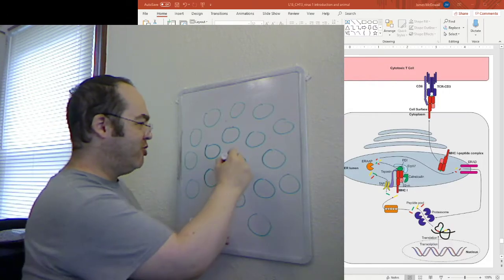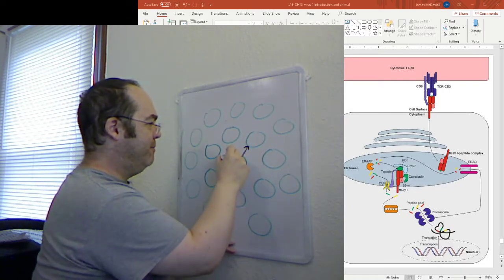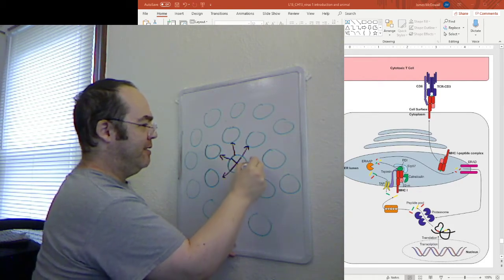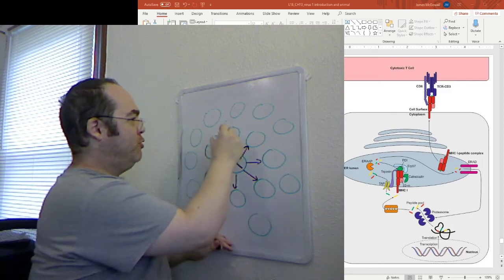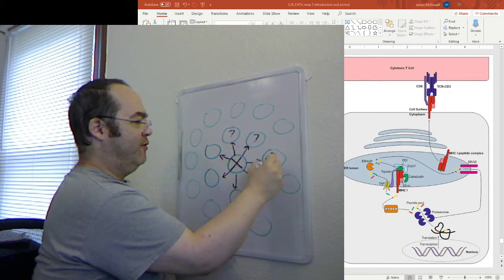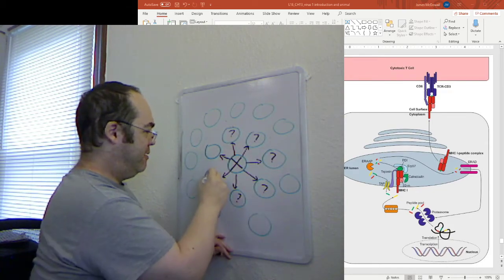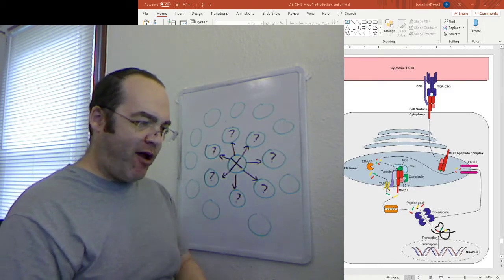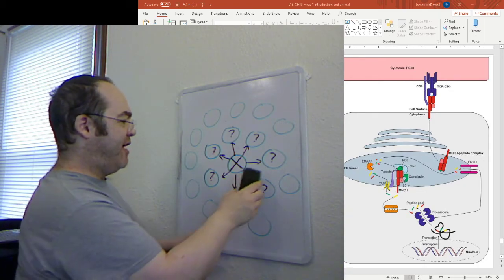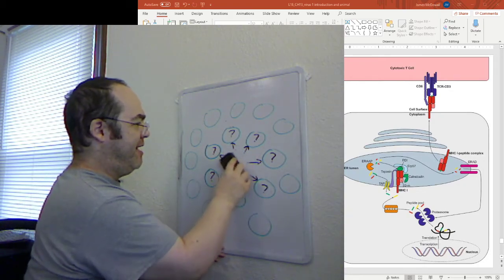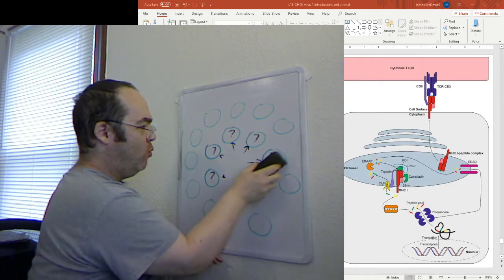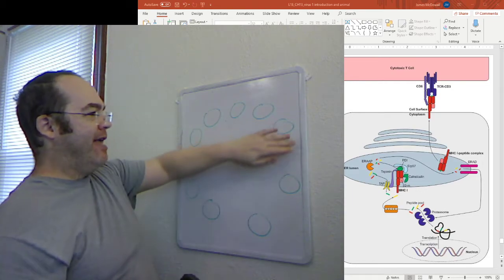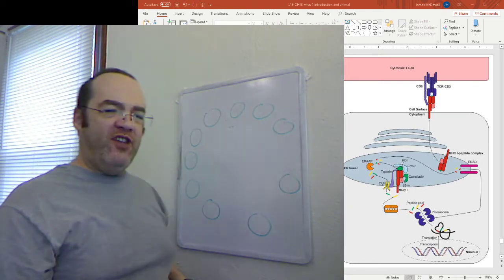That causes the cell to release cytokines, interferon. That primes the cells around it to look out for signs of viral infection. And as soon as these primed cells are infected, this cell is dead, and these cells will immediately kill themselves. And the hope is then that spares all the other cells surrounding.